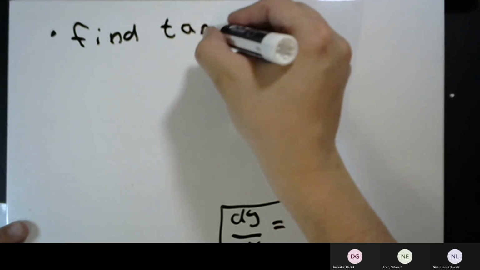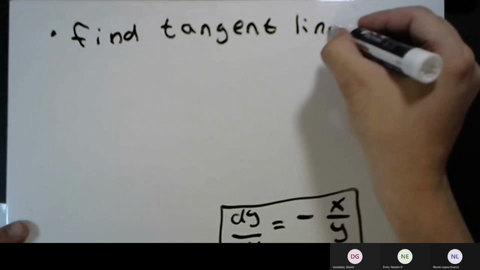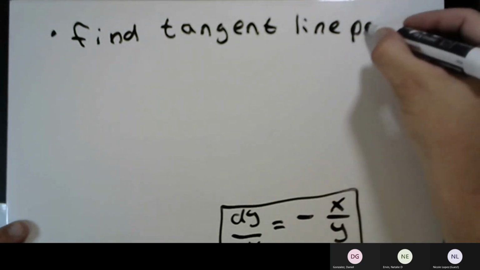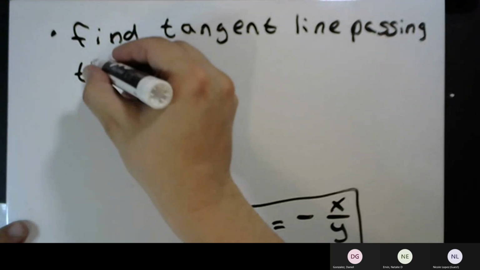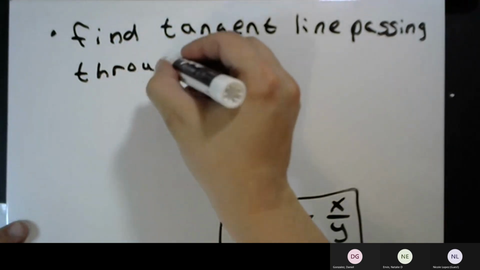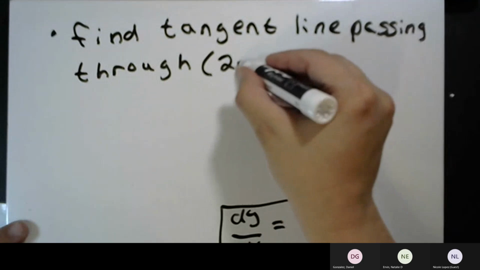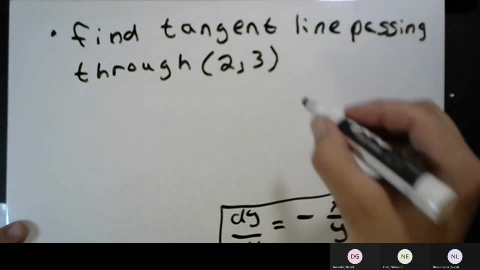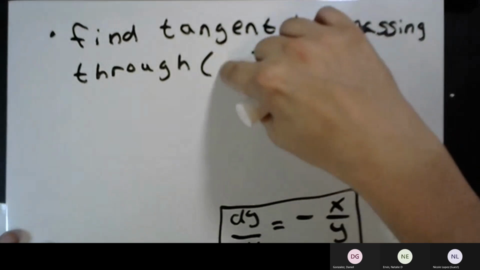Let's find the tangent line passing through, and a point on this curve is 2, 3. Oh, I'm sorry, no, 3, negative 4.